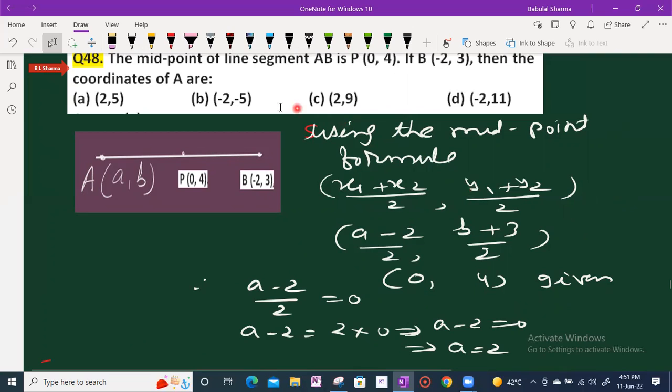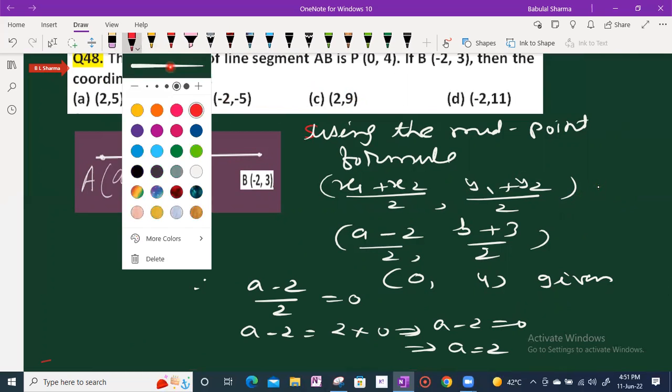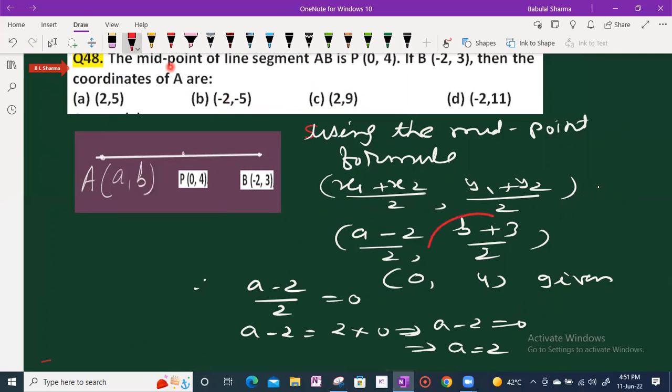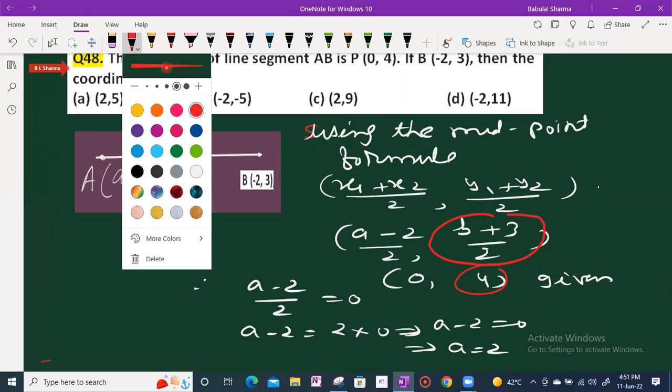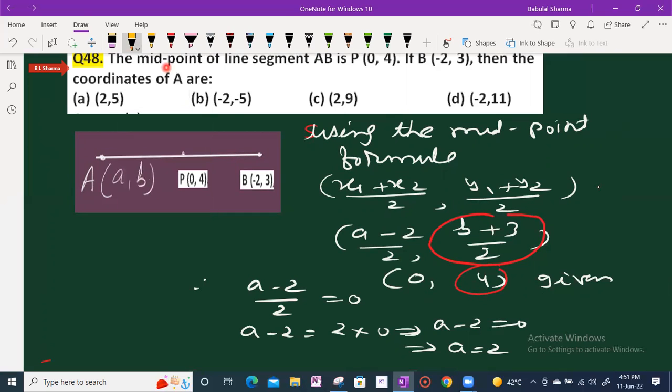But here it could be (2, 5) and it could also be (2, 9). Now we have to compare the y coordinate. See here, the y coordinate is (b plus 3) by 2. Comparing again, we can write (b plus 3) divided by 2 is 4.